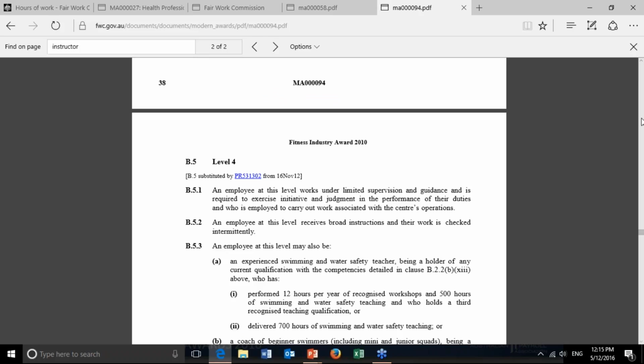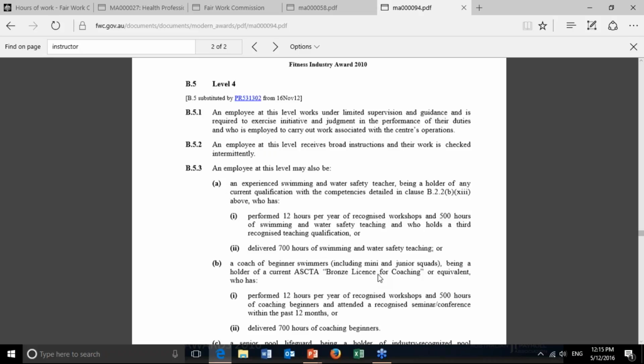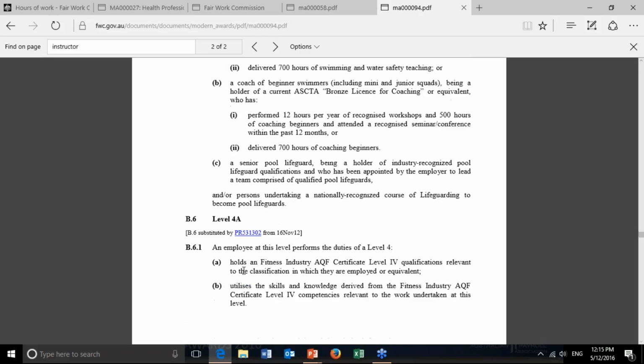So once again, if you can't find them, to me this sounds like the most relevant award is the fitness industry for someone who has their own centre, let's say, Pilates centre that's a standalone centre and predominantly in the fitness industry, they should be covered under this award. But that's purely for swimming.